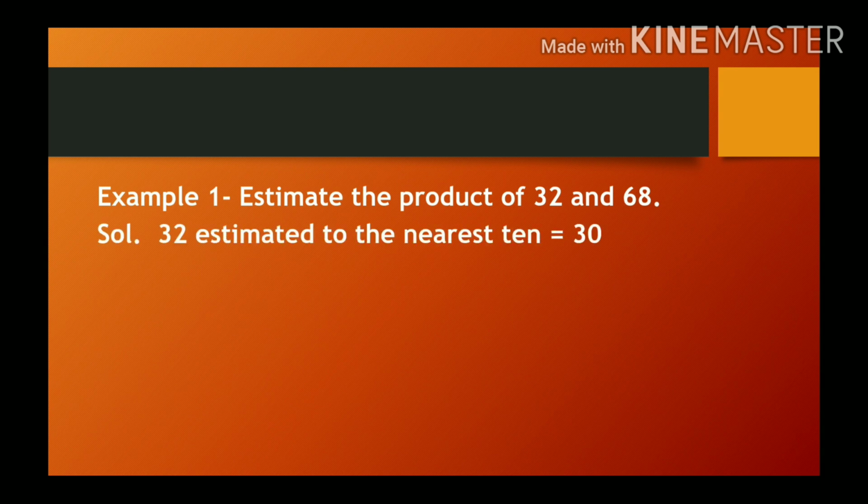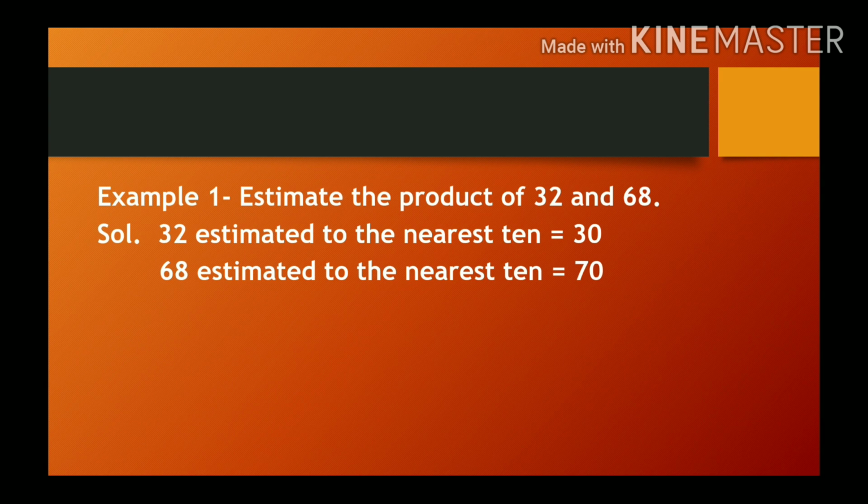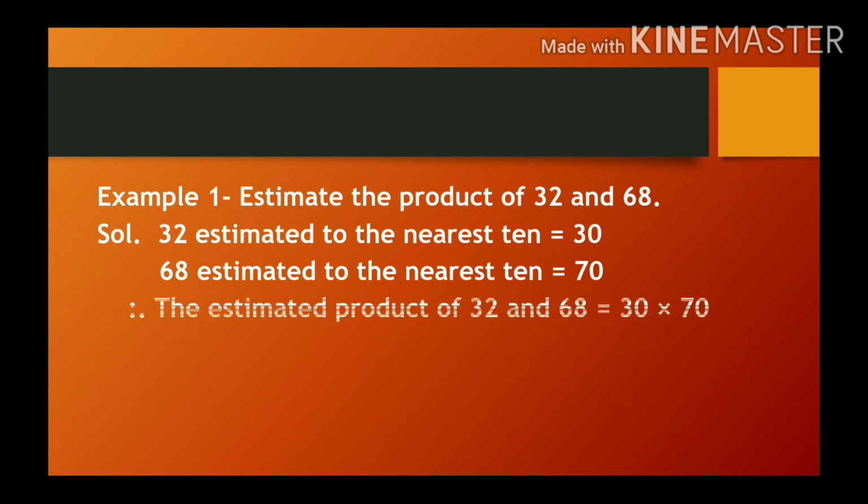Solution: 32 rounded to the nearest 10 is 30, and 68 rounded to the nearest 10 is 70. Therefore, the estimated product of 32 and 68 is 30 multiplied by 70, which is 2100.